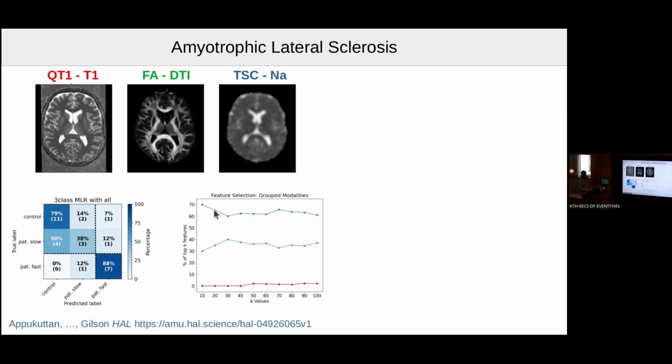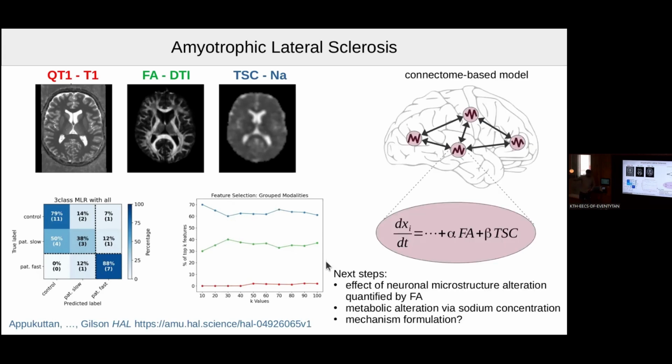And what we found is that sodium and fractional anisotropy here are the informative features. So the point later is to try to design some models, so it could be some connectome-based model, where the biophysical model would incorporate the microstructural alteration quantified by FA or the metabolic effect with the total sodium concentration.